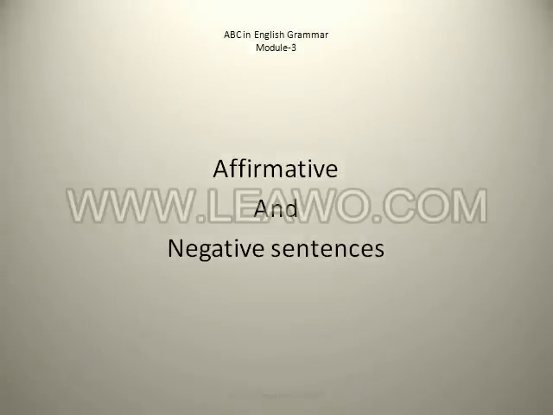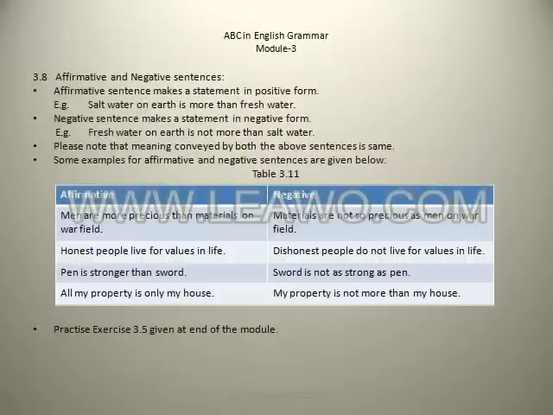Affirmative and negative sentences. Affirmative sentence makes a statement in positive form. Example: salt water on earth is more than fresh water. Negative sentence makes a statement in negative form.